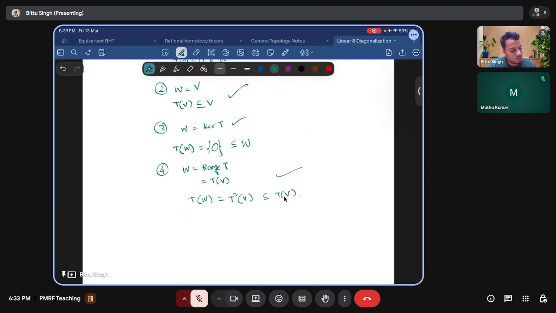So all those are some very obvious examples of T invariant subspaces.